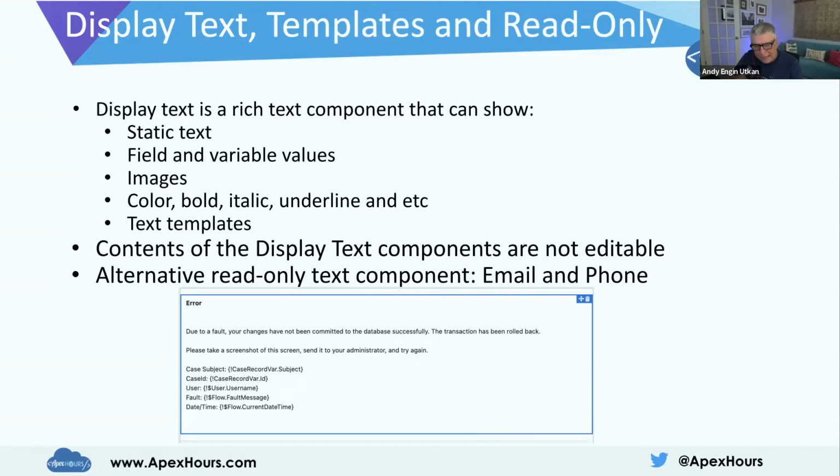So an alternative hack recommendation is the email component and the phone component. These are slightly different components. Back in the day, I think they used to call them lightning components. You'll see also on the right side, they come with a slew of parameters, and one of those is read-only or disabled. You don't really have to use them to show email or phone values. You can actually use them to show any string. So you can repurpose those to create components on your screen that are not editable.